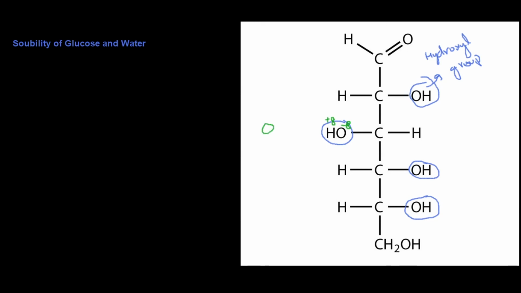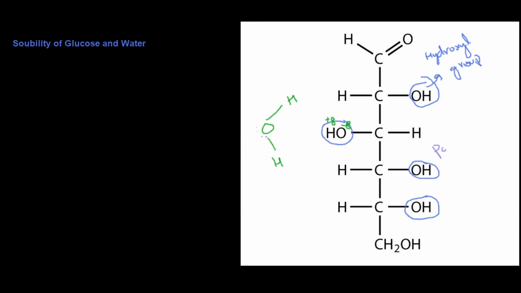It can be bonded with water molecules from all sides, as we have discussed that the water molecule is polar in nature, and this glucose molecule is also polar in nature.